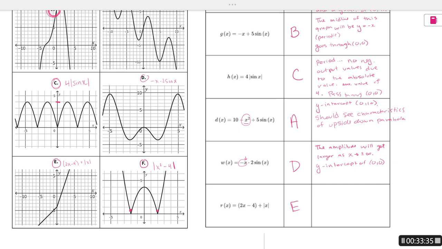This last graph is basically all linear, so we're looking for all linear pieces. When we have negative values of x, on the left side of the y-axis, this is showing an increasing function, which is good.